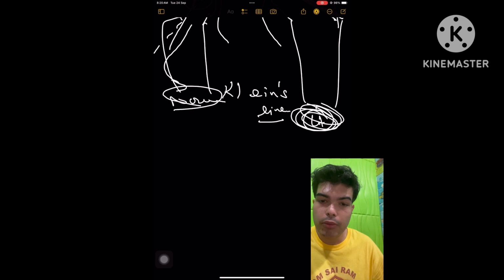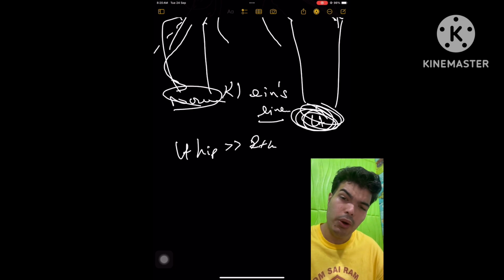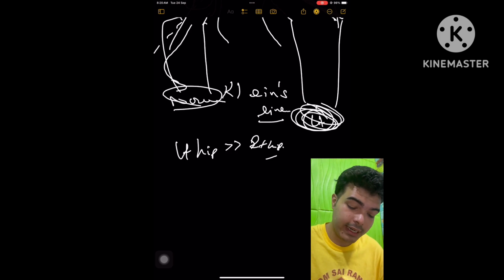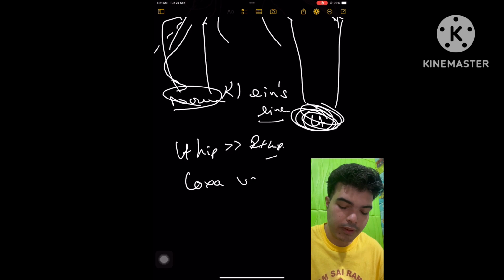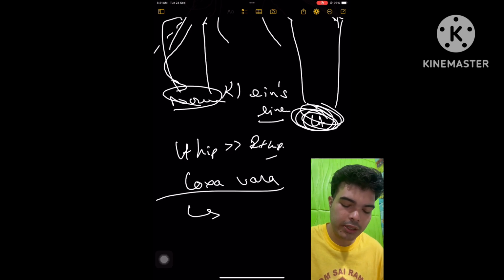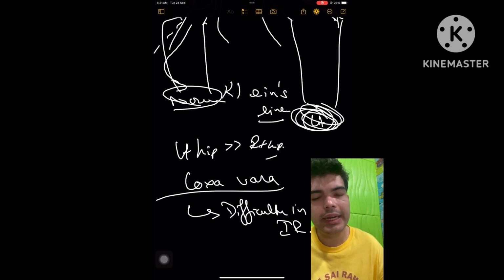One more important thing I want to add is about the patient's limb. The patient's hip will go into coxa vara, and he will present with difficulty in internal rotation and abduction.